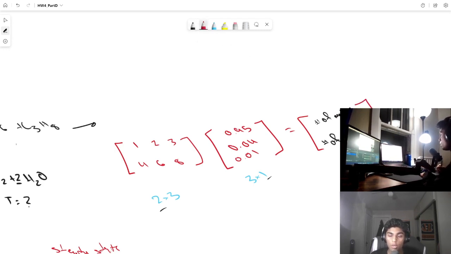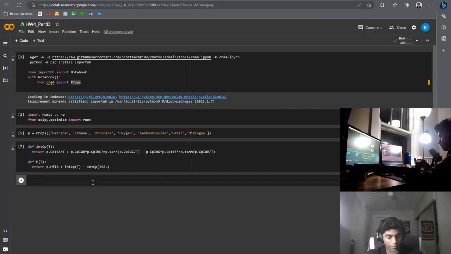And given this, we have a better idea of how many moles of CO2 and H2O, of each of those things, are in there. So given this theory, with this 2 by 1 matrix, we can proceed with this problem. So let's get to work.